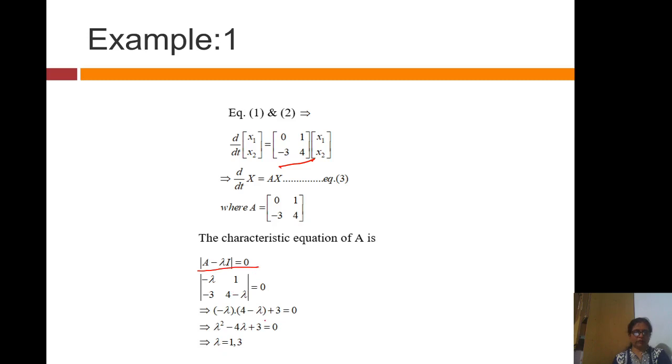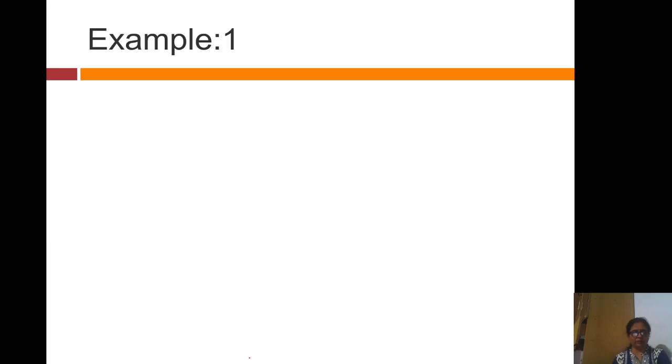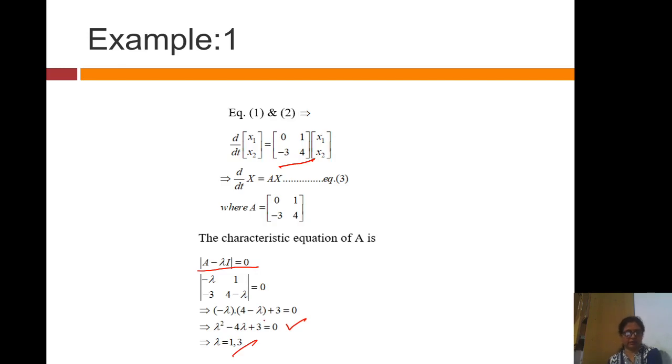We substitute the values and simplify, and we get the characteristic equation. If we solve this equation, we get two values of lambda: first is 1 and second is 3. Then we find the eigenvector corresponding to these two values.